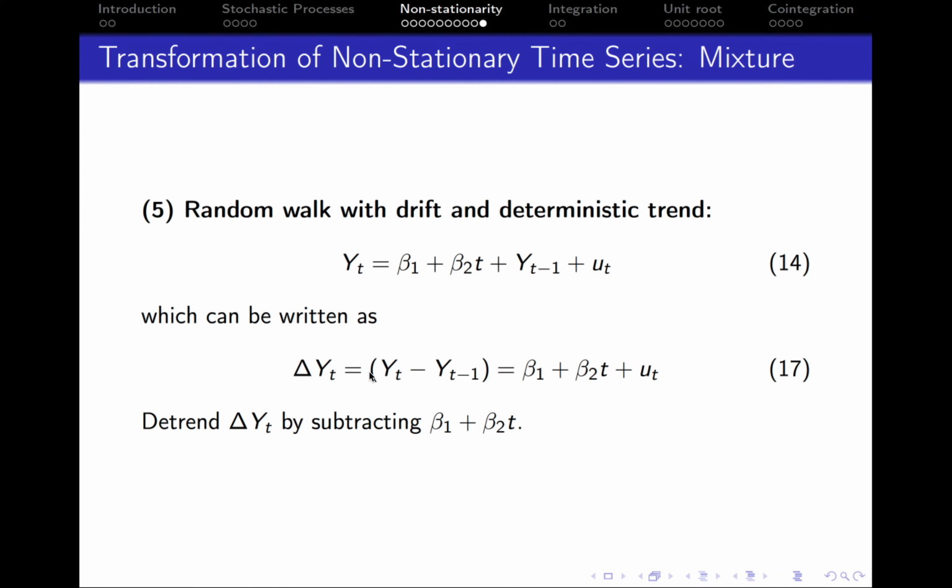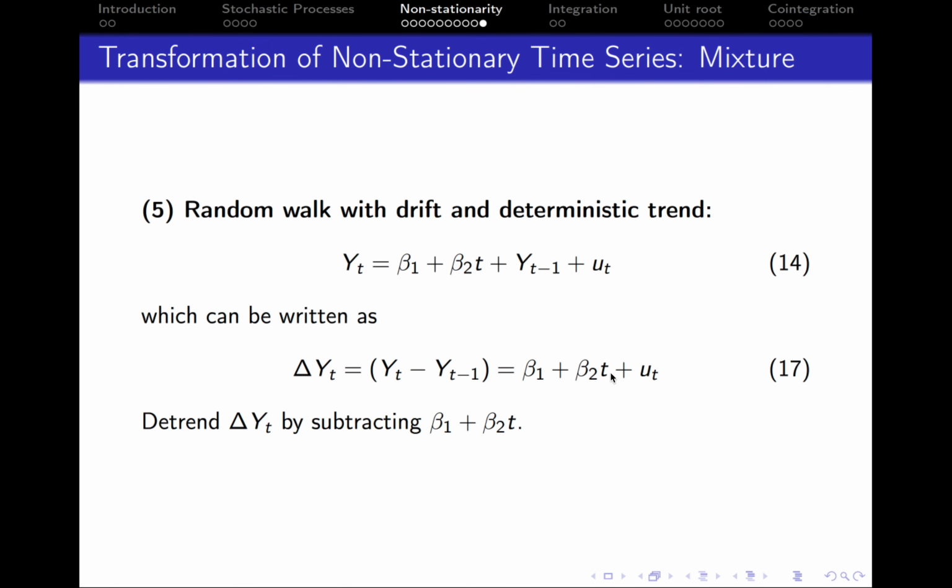In case we have a random walk with drift and deterministic trend, we need to do two things. We need to move yt minus 1 to the left, and we need to move beta 1 plus beta 2t also to the left. If we do it step by step and start with yt minus 1, we get delta yt, which is equal to beta 1 plus beta 2t plus the error term, and we say that this is a difference stationary process.